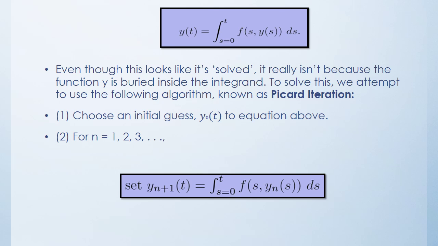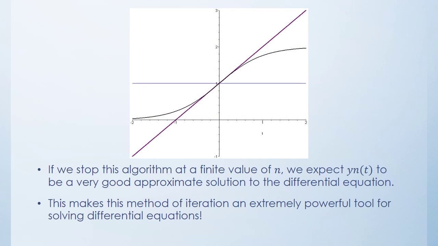What we do in this, we choose an initial guess y naught of t to the equation above. For n is equal to 1, 2, 3, 4, 5 and so on, set y of n plus 1 is equal to the integral of f of s and y n of s ds.